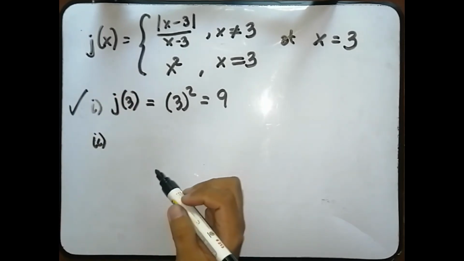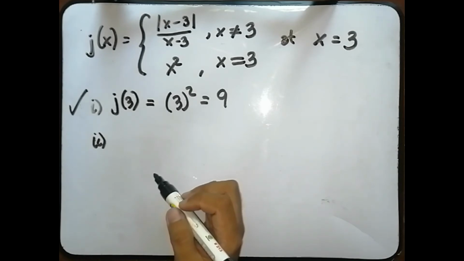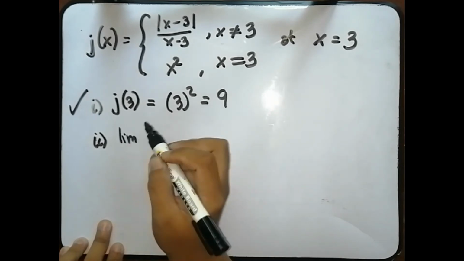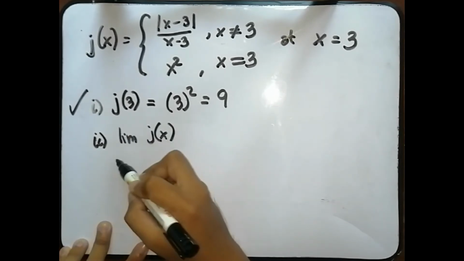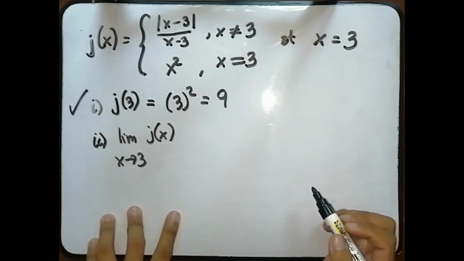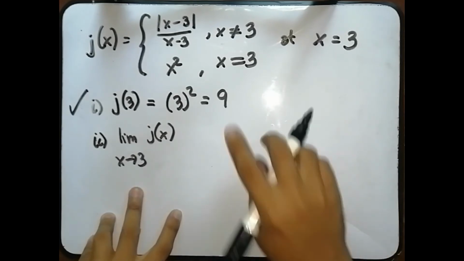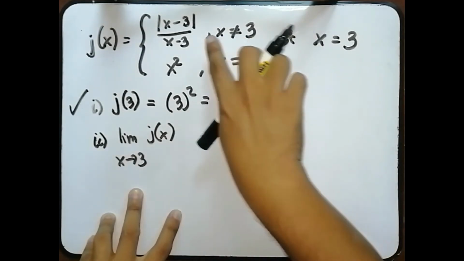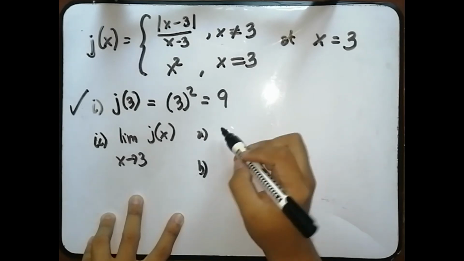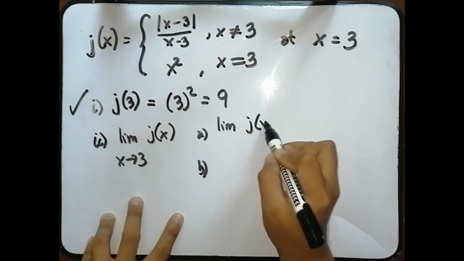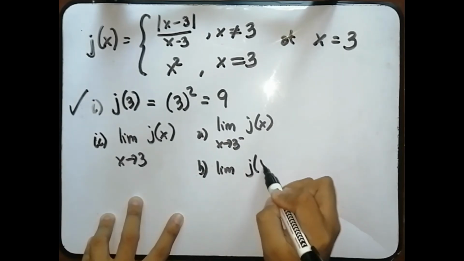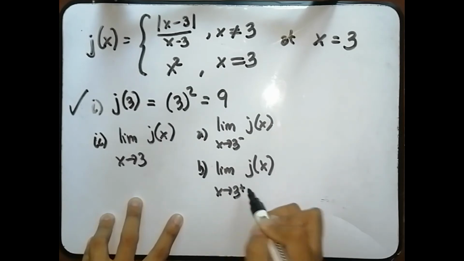Second criterion, the limit of j of x as x approaches 3 must exist. Okay? So in this case, since ang not equal to 3 natin ay absolute value, so we have to check the two. The limit of j of x as x approaches 3 from the left, and the limit of j of x as x approaches 3 from the right.